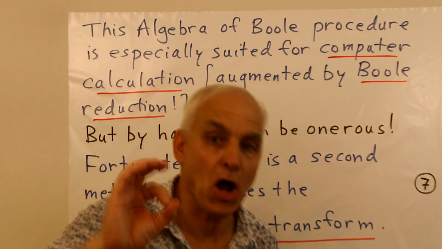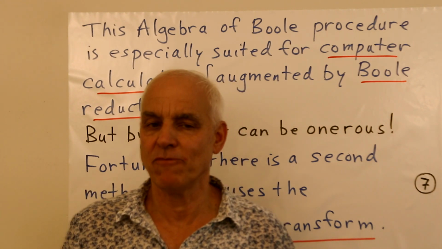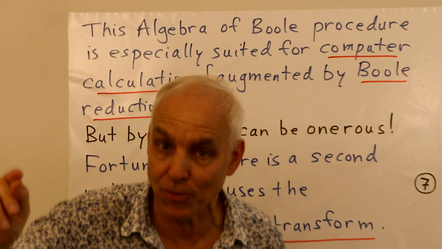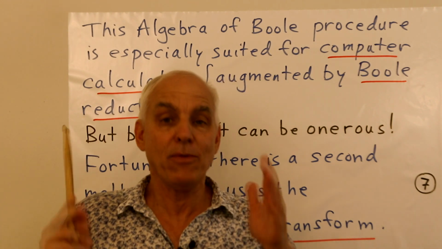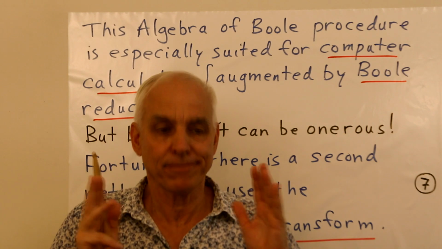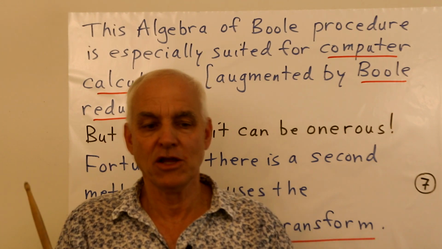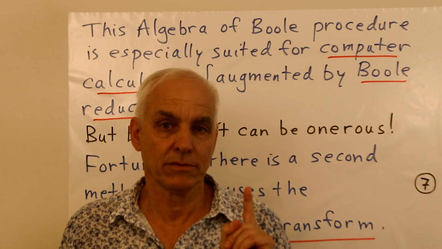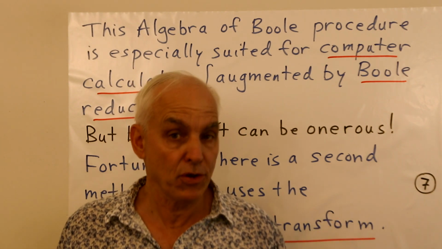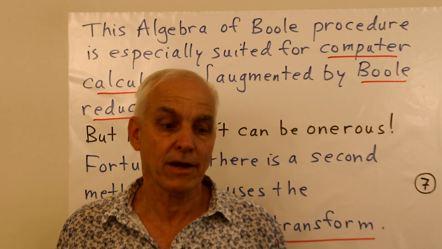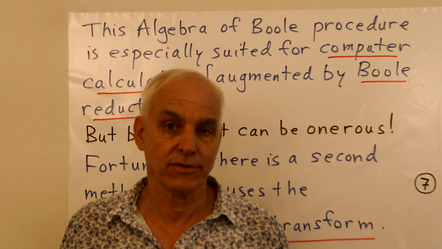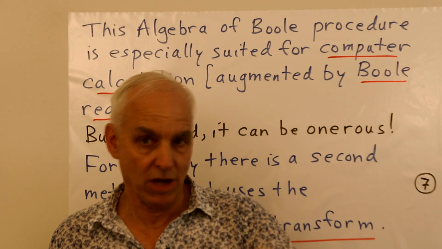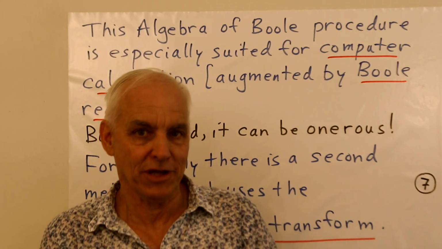And if we could augment that great achievement by a few more additional things involving Boole reduction algorithms, which I've mentioned to you before, then we have a system which is just perfectly designed to very, very quickly deal with even very big problems here. You know, millions of terms, a computer can deal with that. You have enough RAM and a good processor, it can do it. Especially when you combine it with the algebra of Boole reductions that you want to be incorporating into the procedures.